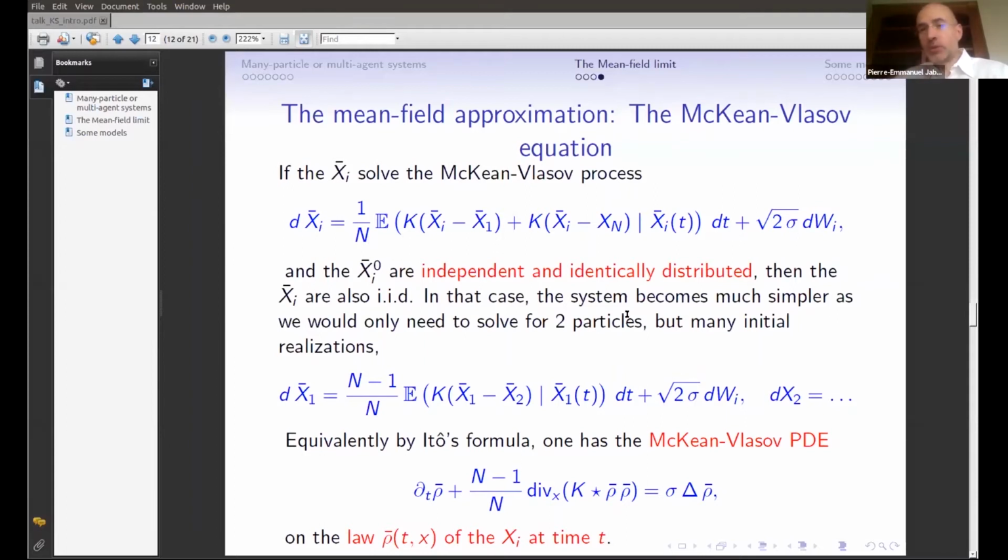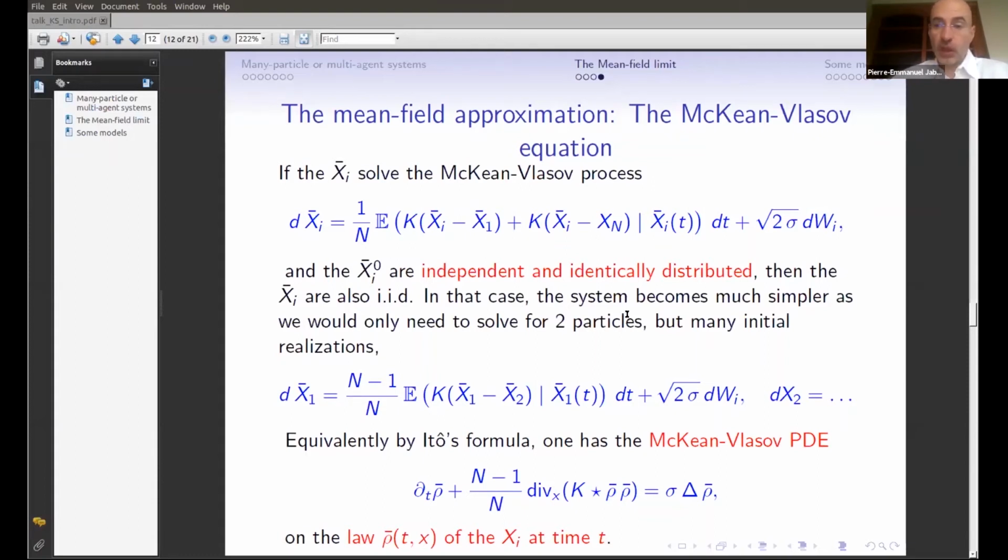Now I have an (n minus 1) divided by n because here I'm neglecting the self interaction, so the k of x_i minus x_i just goes away. So maybe I should have rescaled by 1 over n minus 1, but I didn't want to make it too cumbersome at the beginning. Of course, as n tends to infinity, this goes to 1, and so you get a PDE that is completely independent of n.